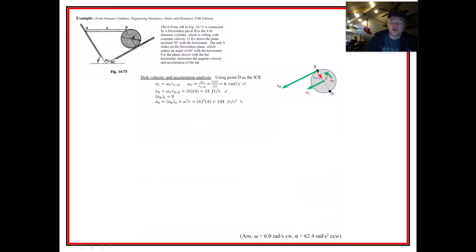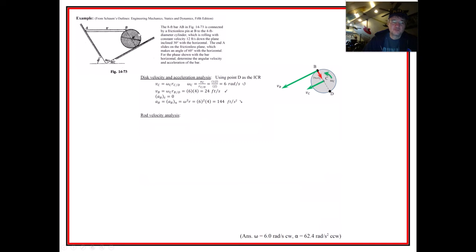So we want to make sure we don't forget about that normal acceleration. It's the thing that comes and bites us, right? So that's going to be omega squared times r, or that's 6 radians per second squared times 4. So we get 144 feet per second squared, and it's pointed downwards from B towards D.